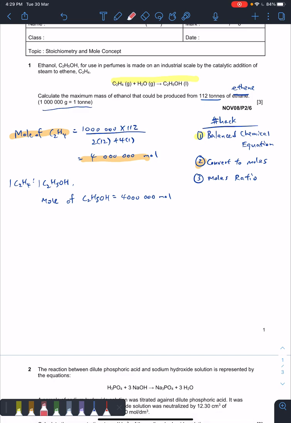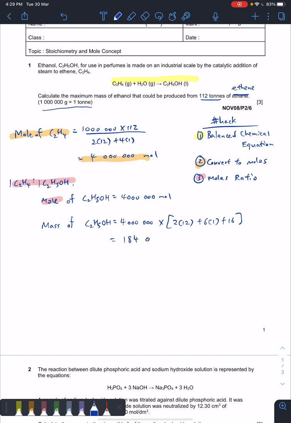So let's convert to mass. So it's mole times MR. Two times 12 plus 6 times 1 plus 16, times 24 plus 6 plus 16 gives you 184,000,000 gram.